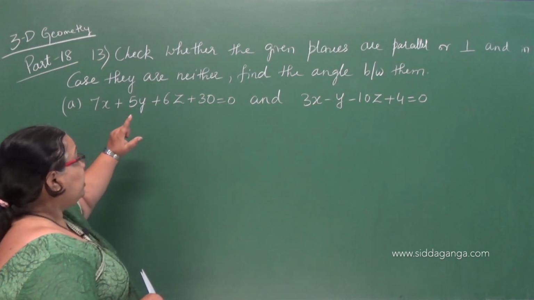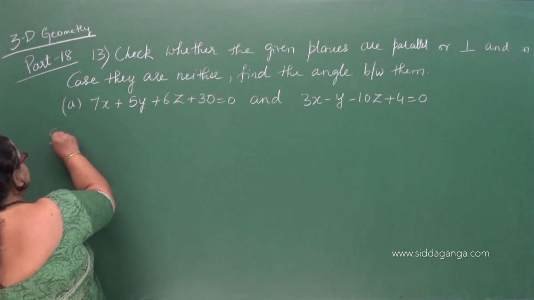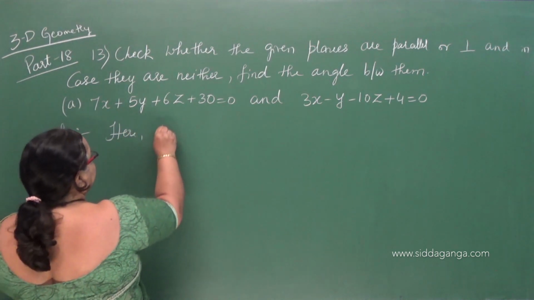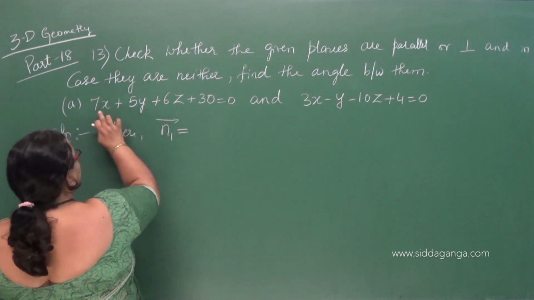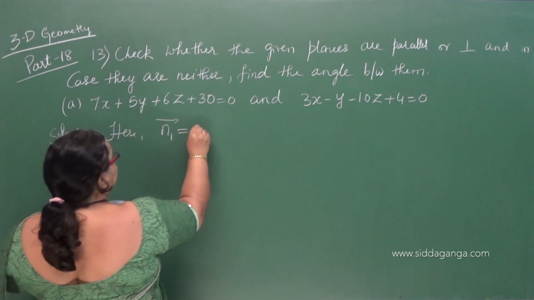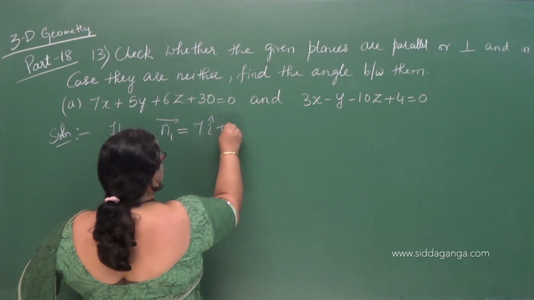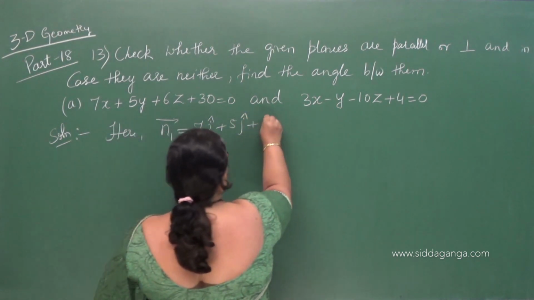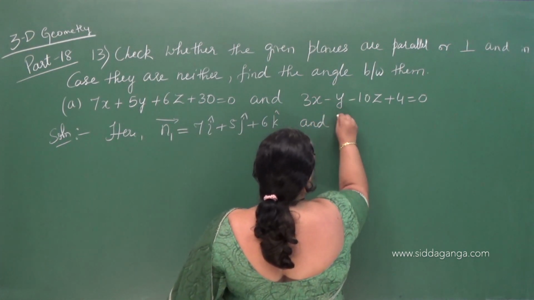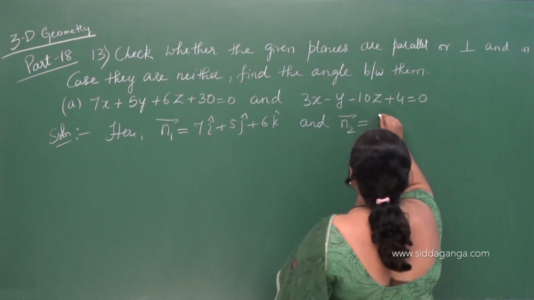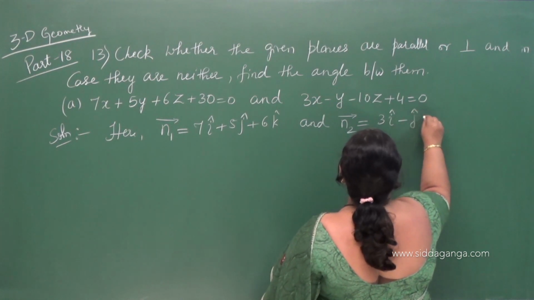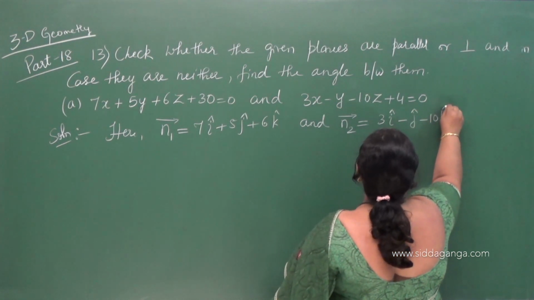So here, for these given planes, vector n1 equal to the coefficients of x, y and z: 7 i cap plus 5 j cap plus 6 k cap. And in the second plane, vector n2 equal to 3 i cap minus 1 j cap minus 10 k cap.